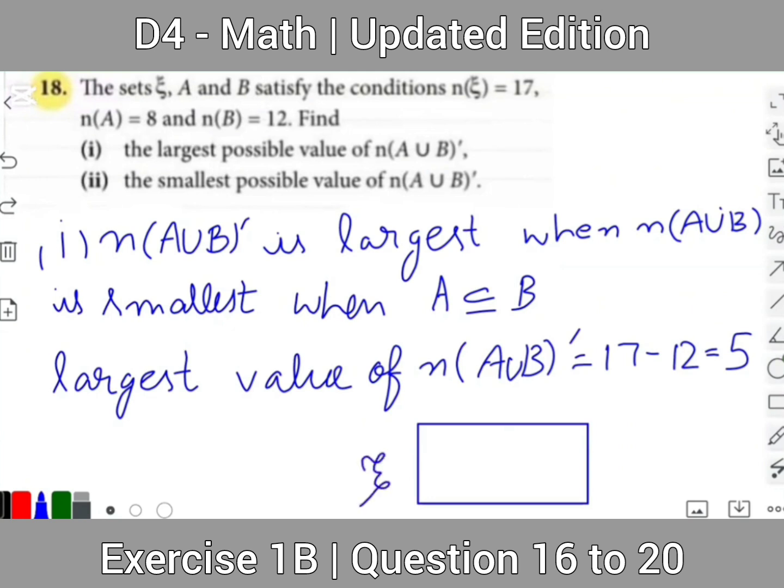Then we have two sets A and B, and A is a subset of B. Now we will write down the number of elements in the set B, that is equal to 12, and the number of elements in the set eta is 17. So the largest possible value of n of (A union B) whole complement is found by subtracting the number of elements in the set B from the number of elements in the set eta, that is 17 minus 12. That will give us 5.